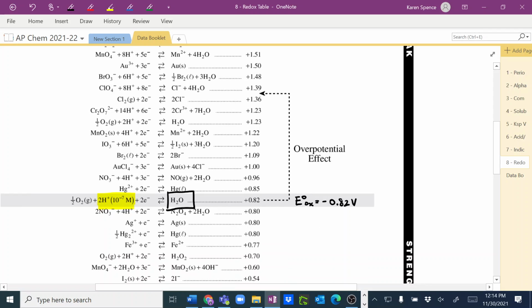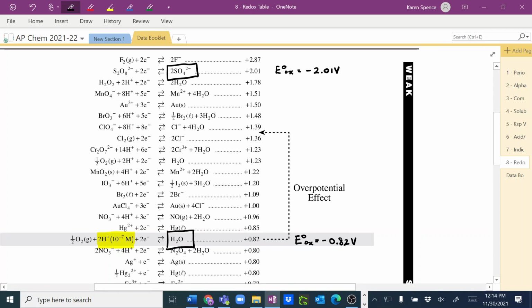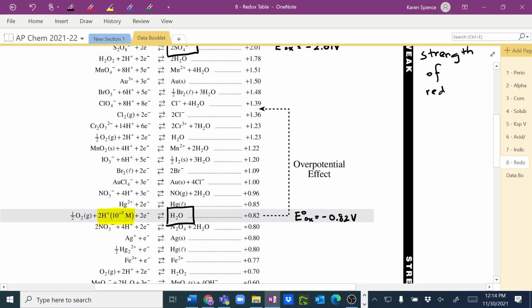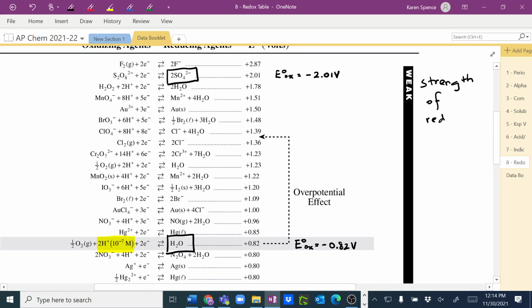Yes. So if you look here on the side, this is our strength of reducing agent. Yeah, strength of reducing agent. And if you're a reducing agent, you are getting oxidized.